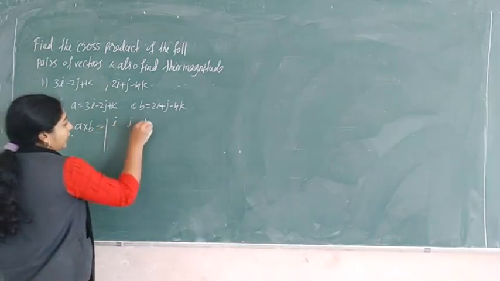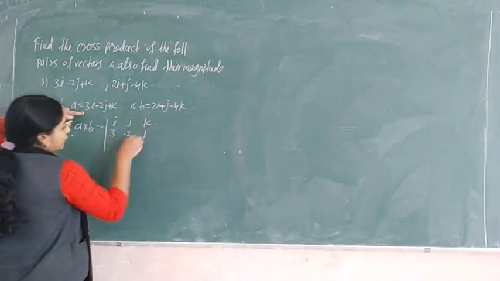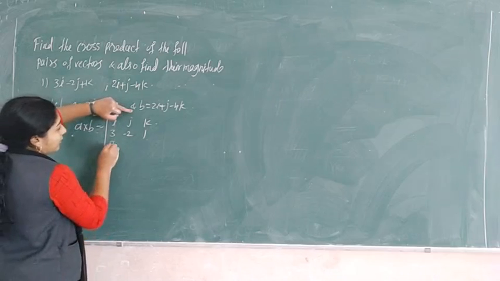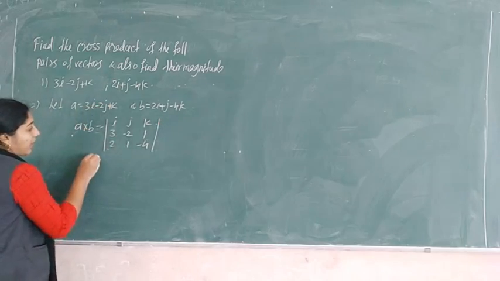I, J, K. Using this equation, write on the second row 3, minus 2, 1. Using this, we can write the third row 2, 1, minus 4. Solve this determinant: I into.